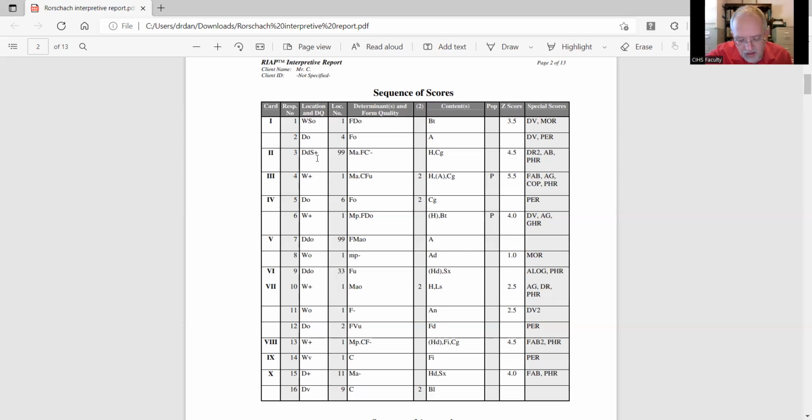And then this plus sign means that there is acceptable synthesis between the objects. In other words, if you look at the cards, many of them look like there are two objects.